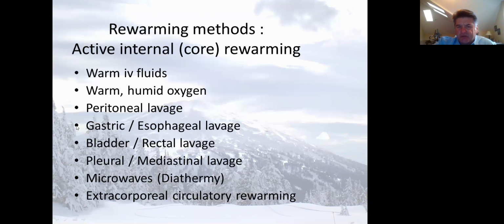You'll put a nasogastric tube in, and you put warm water into the stomach. You would put a catheter or a rectal tube in and put warm water into the bladder or into the rectum. And there are some people who use chest tubes, and by putting those in, you get pleural and mediastinal lavage.